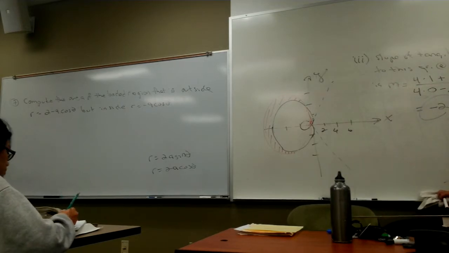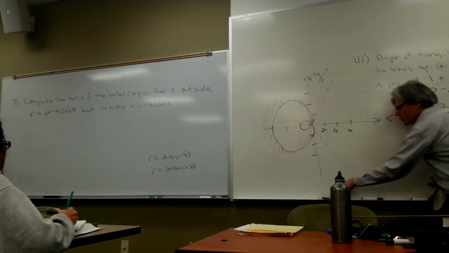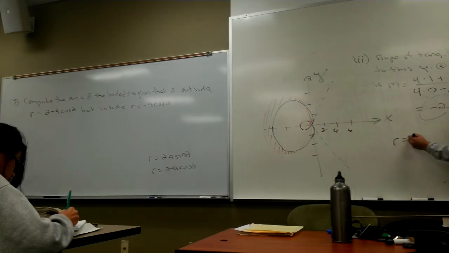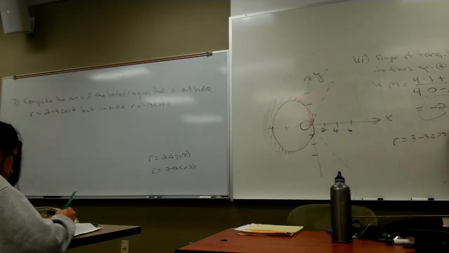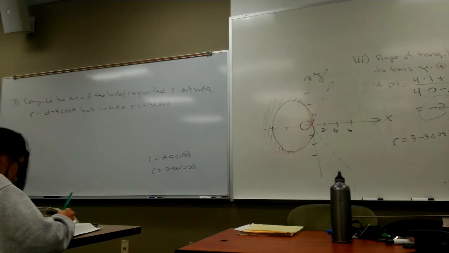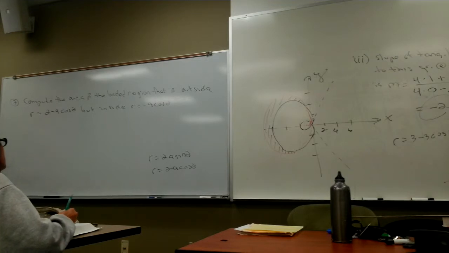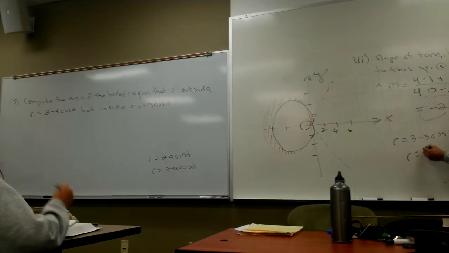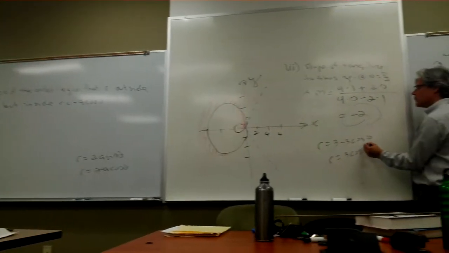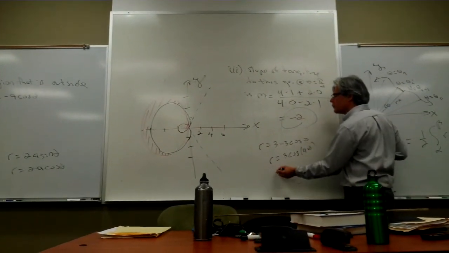And you guys know how to graph all the other ones too? Could you do this in your head? What does that graph look like? A rose. I think this is a rose. And this is a rose.